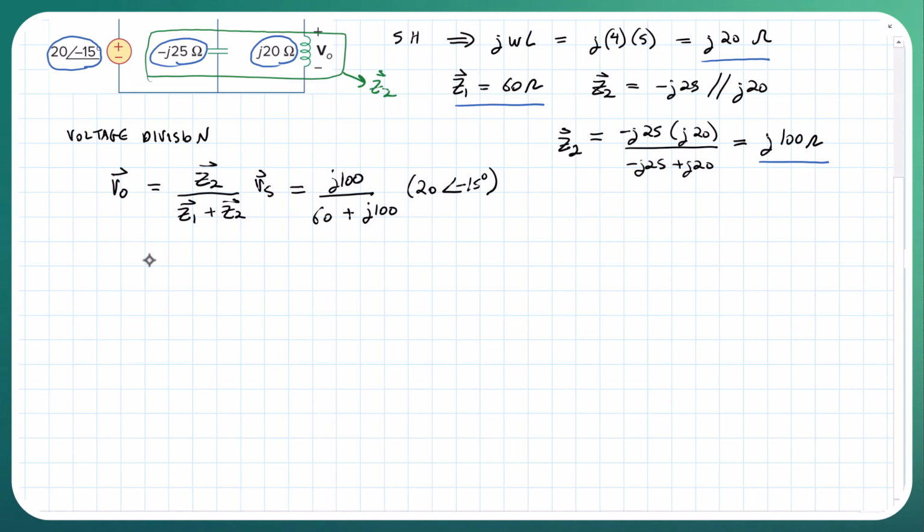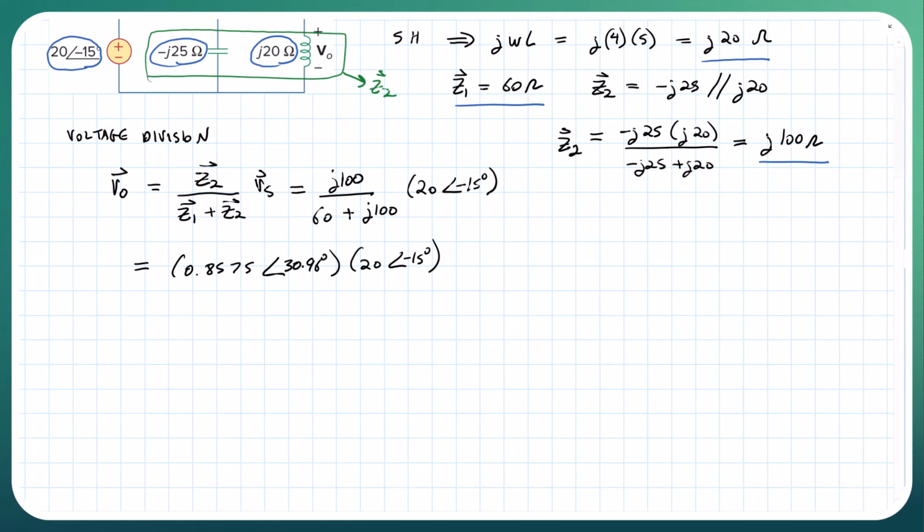Either one is fine, but if you do that, you get 0.8575 at an angle of 30.96 degrees times 20 at an angle of minus 15 degrees.